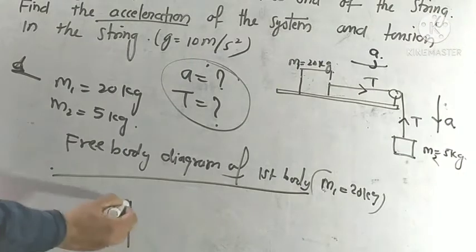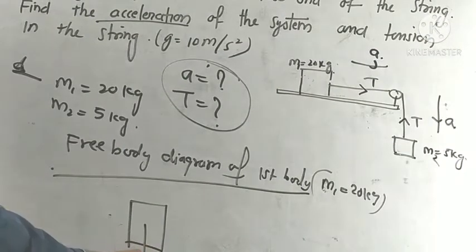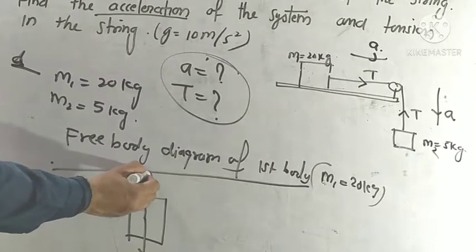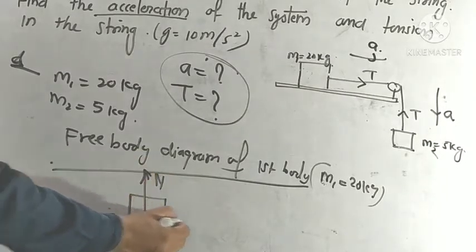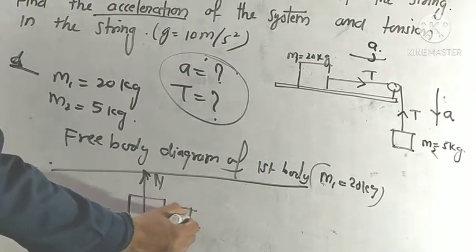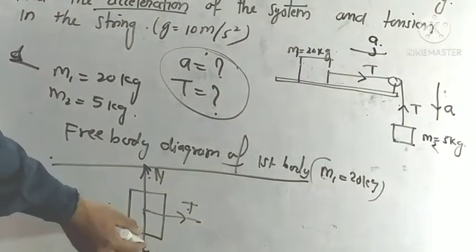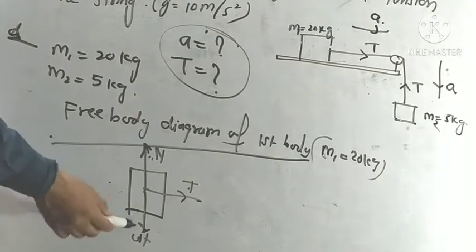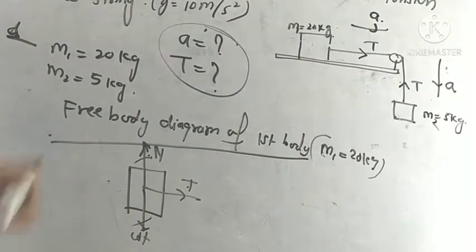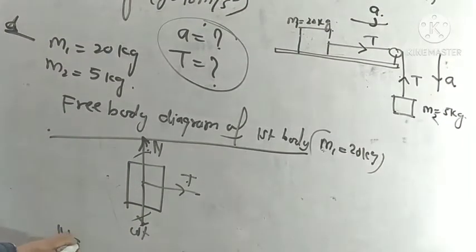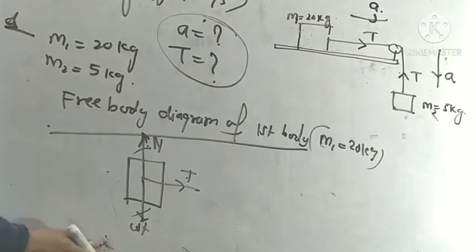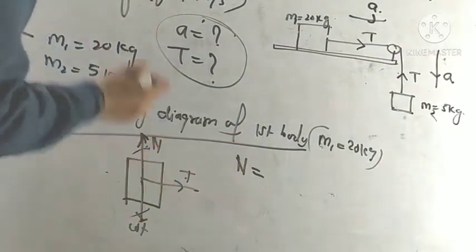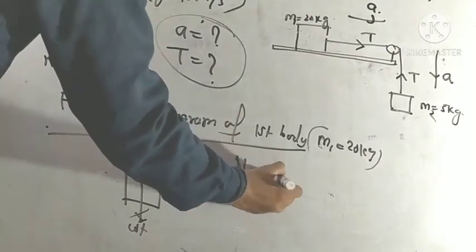There are three forces working on this body. Weight works vertically downward, the normal force works vertically upward, and tension T acts in the string. The weight and normal force are equal in magnitude but opposite in direction, so they cancel each other. We write N is equal to the weight of this body, m1g.